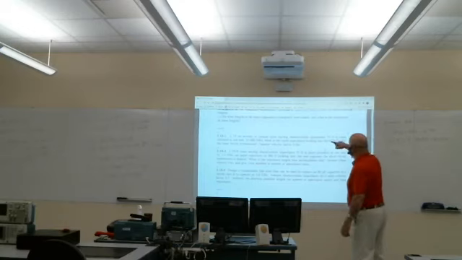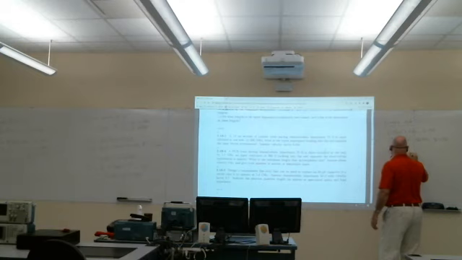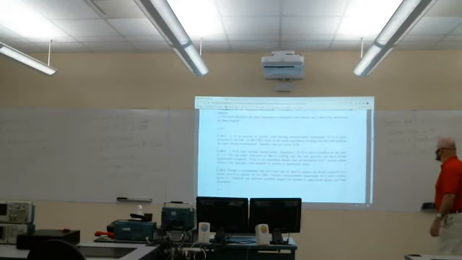This was open circuit, so ZL is infinite. So that's minus J Z0 cotangent of beta L. So we're given L. Question is, how do we get beta? Well, it's wrapped up in the phase velocity.